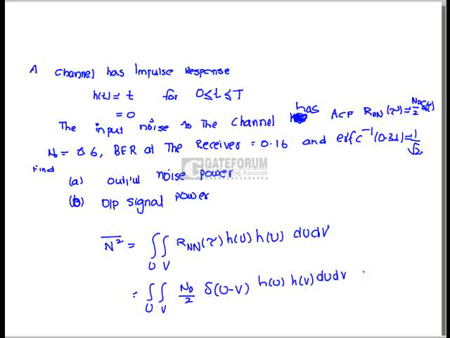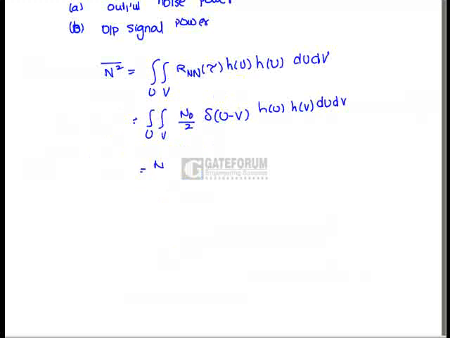This gives the relationship between the output noise power, the input autocorrelation function and the impulse response of the channel, whose value equals N0 by 2 times the integral of h of t whole square dt, which equals 0.1 t cube.